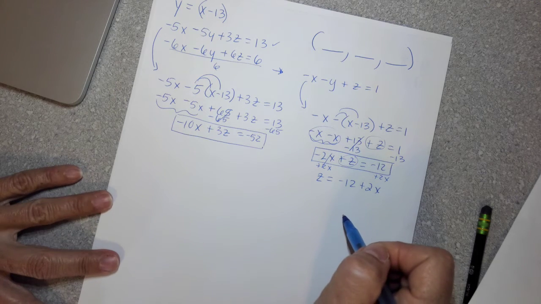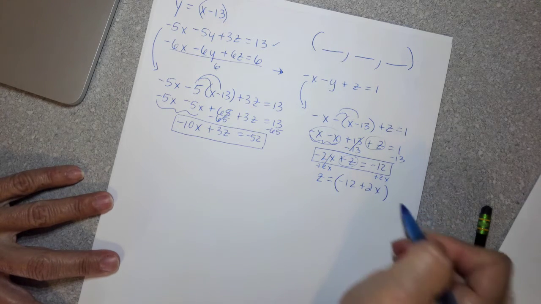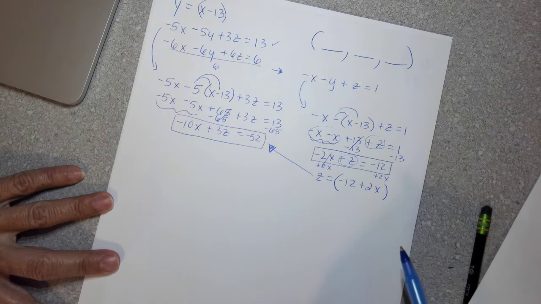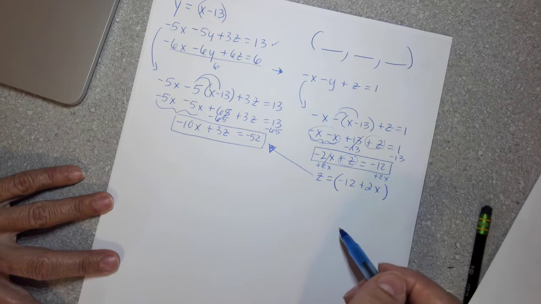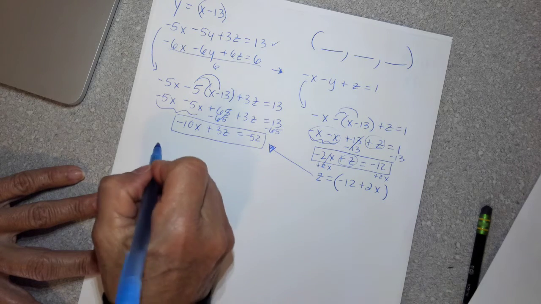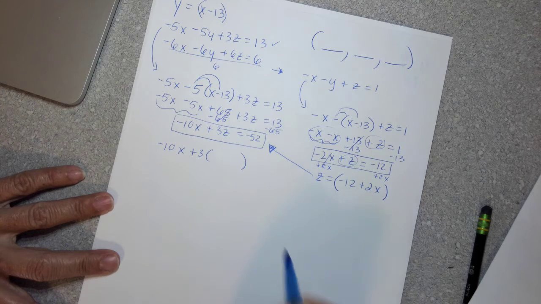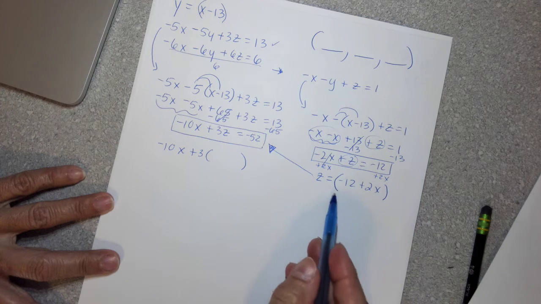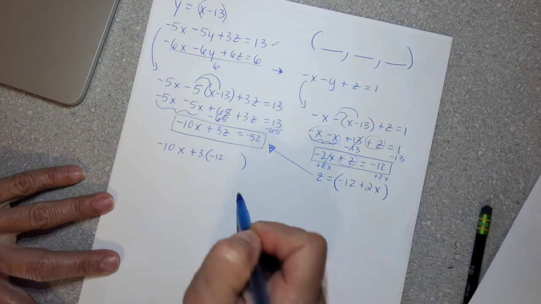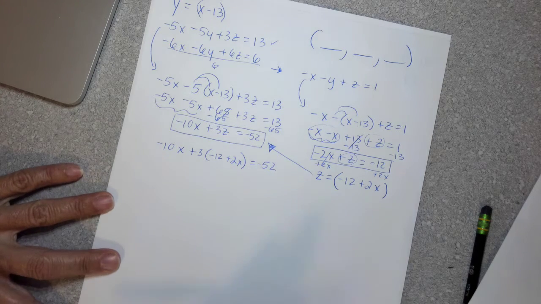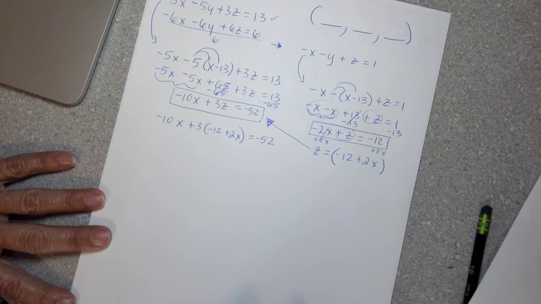So I'm getting closer because now this can go back in to this equation and help me get rid of that last variable. So negative 10x plus 3 times z, except for z is now negative 12 plus 2x. Because keep in mind, our goal is to get just one variable that we know how to solve for.